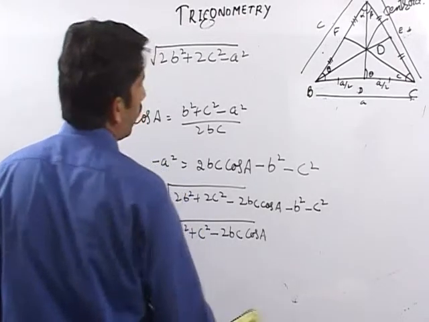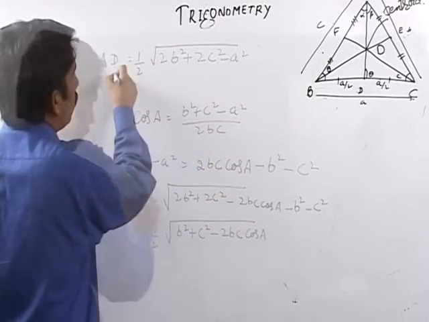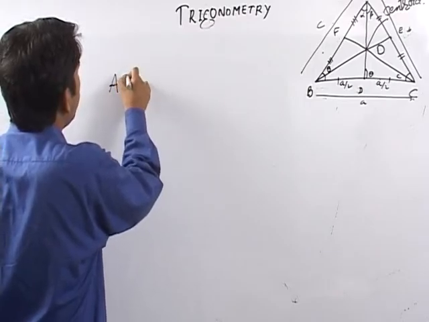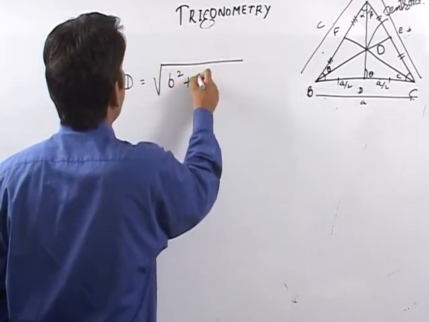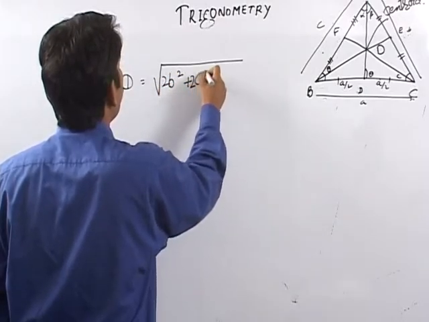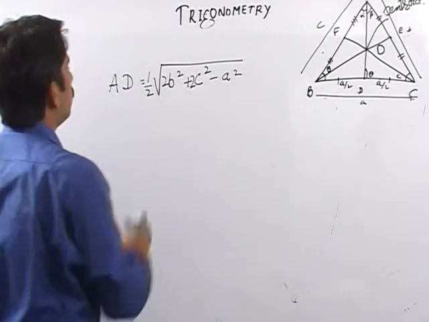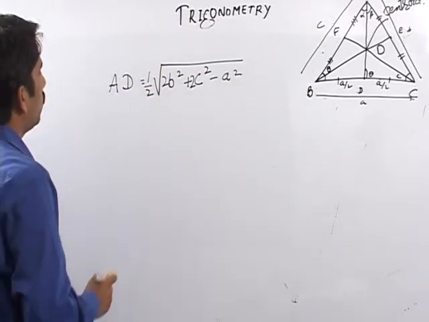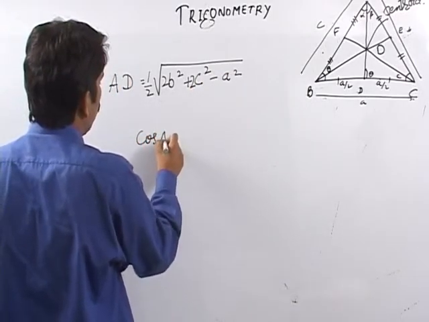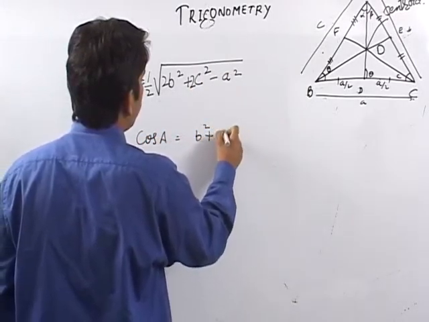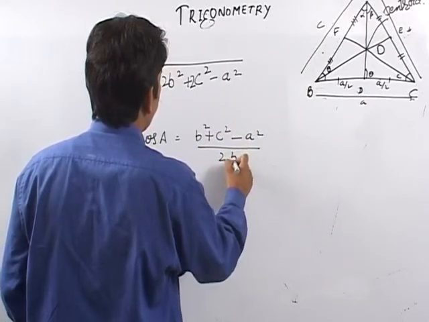In a similar pattern, you can find the medians for CF and BE respectively. AD was 1 by 2 under the root 2B square plus 2C square minus A square. Now put the value of A square from cosine formula. Cos A is equal to B square plus C square minus A square over 2BC.